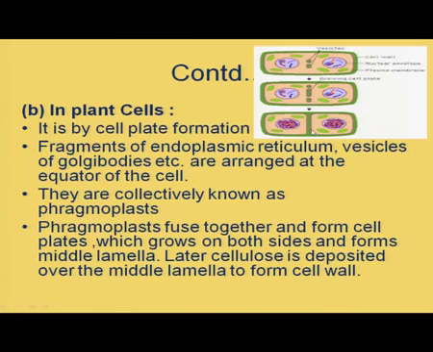So, by this method the cytoplasm of the cell is divided into two equal parts, and we get two daughter cells. So, in short, in the cytokinesis, the division of cytoplasm, there is a difference between plant and animal cells. In an animal cell it is by cell furrowing, and in a plant cell it is by cell plate formation.